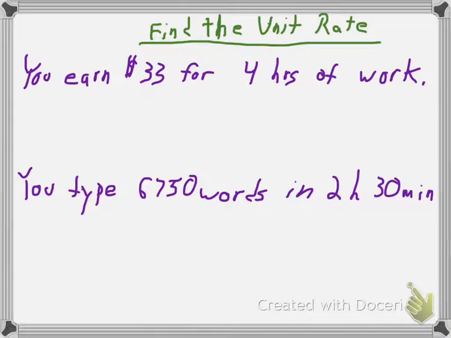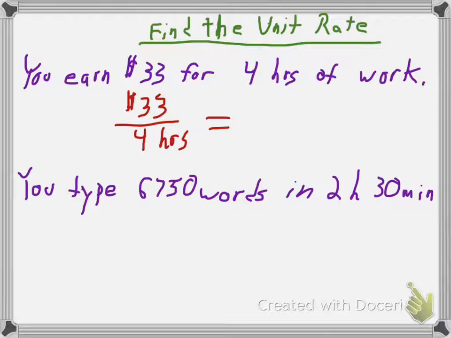So I want to find the unit rates here. My first example is: I earn $33 for 4 hours of work. The first thing I'm going to do is set it up as a rate: $33 over 4 hours. Then to turn this into a unit rate, I'm just going to divide 33 divided by 4.